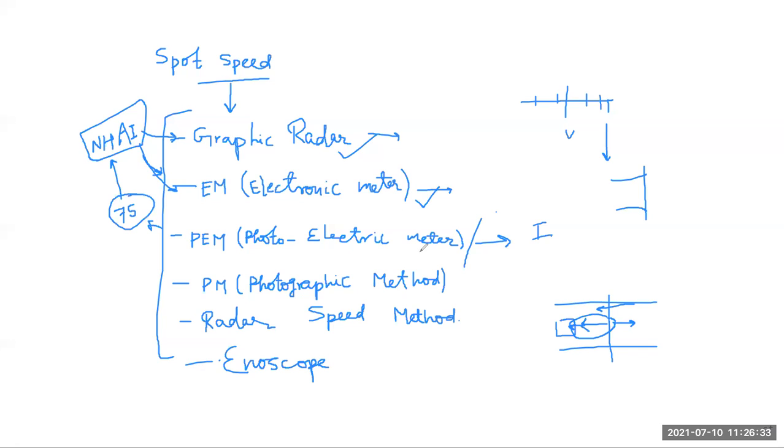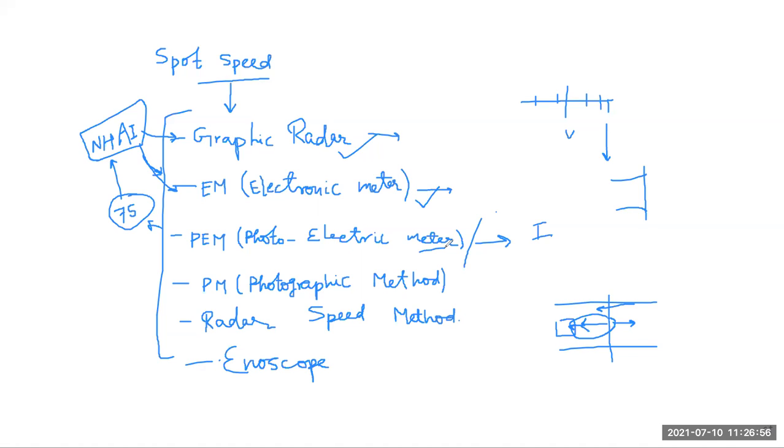So the photoelectric meter. Basically what the photoelectric meter does, I think some electromagnetic communication or detection system is involved, or a magnetic or electric current travels through that particular location or section where a vehicle is moving.